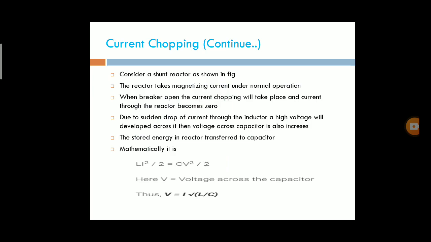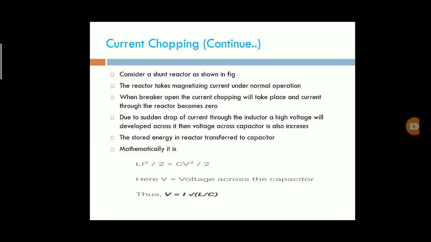That is, half Li square will be equal to half CV square, where V is the voltage across the capacitance and V is i times 1 by root LC.